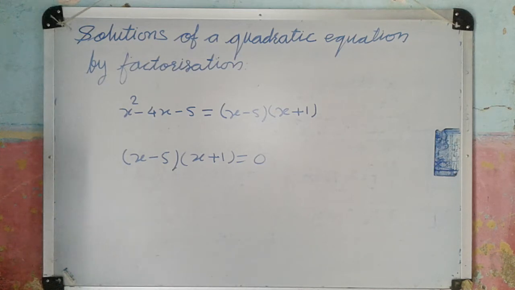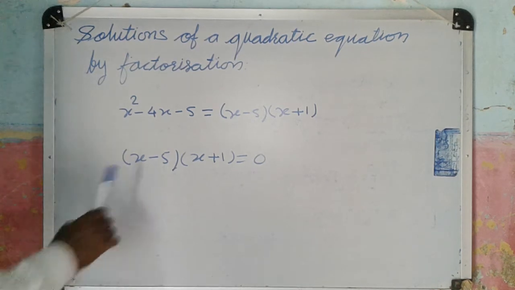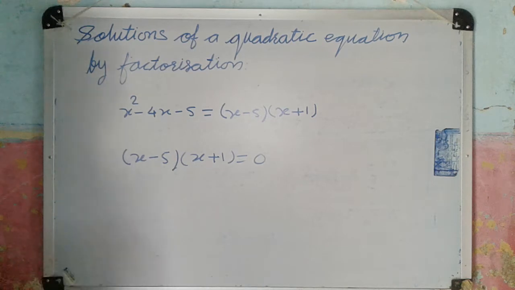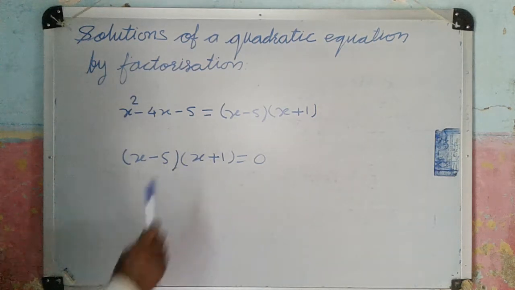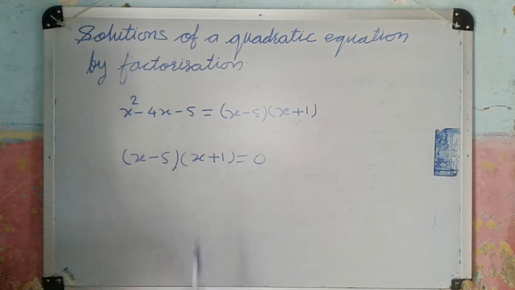So the quadratic equation obtained from x square minus 4x minus 5 can be written as first bracket x minus 5 into second bracket x plus 1 is equal to 0.